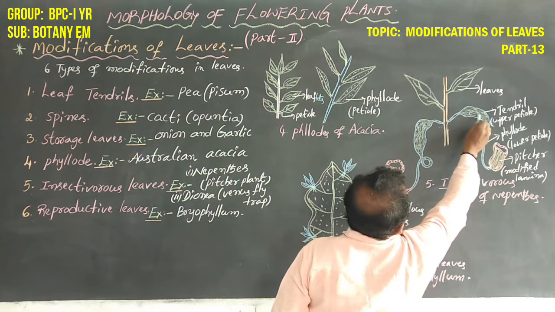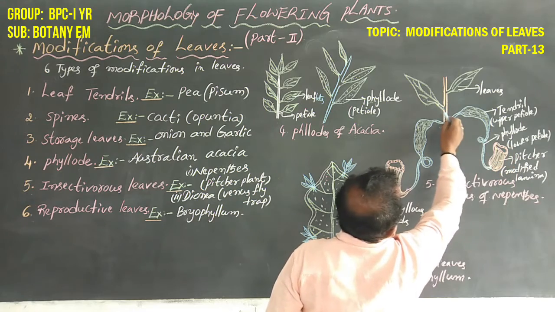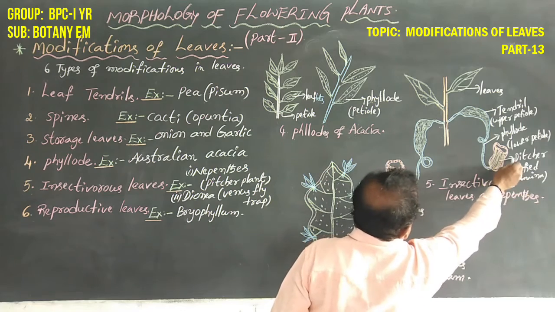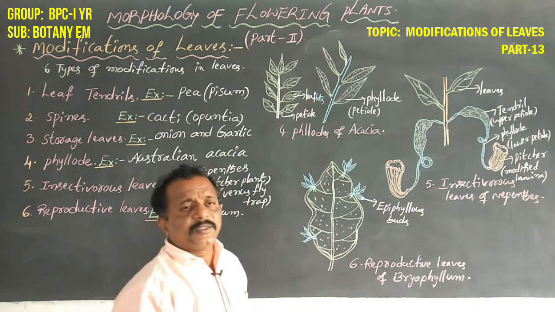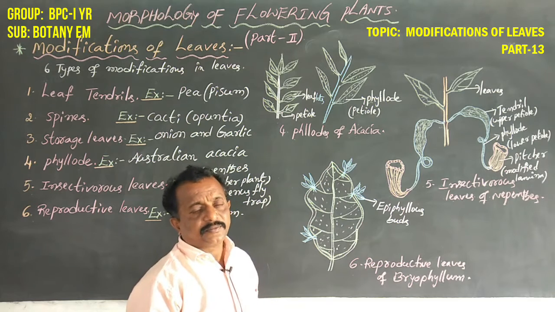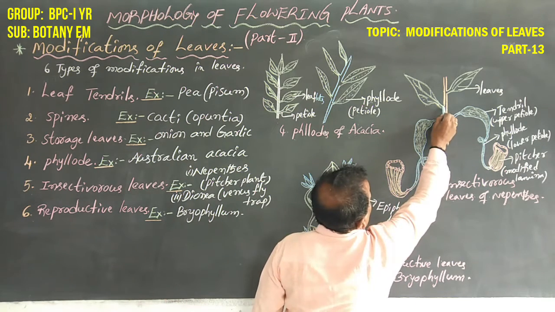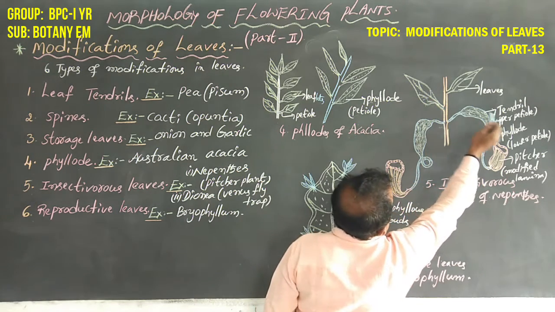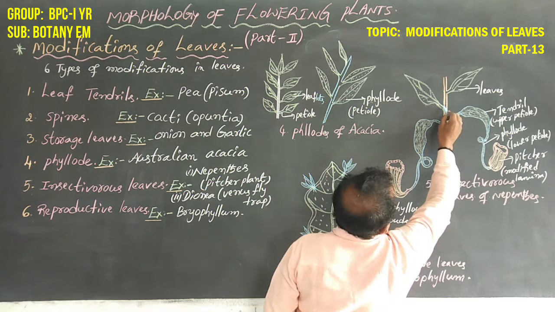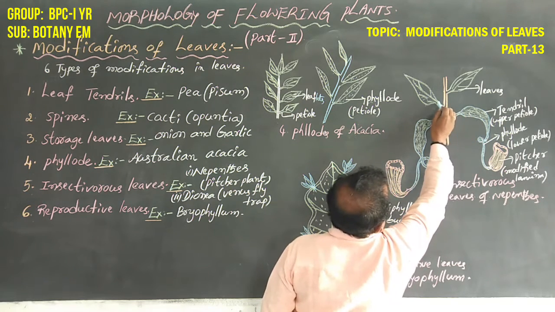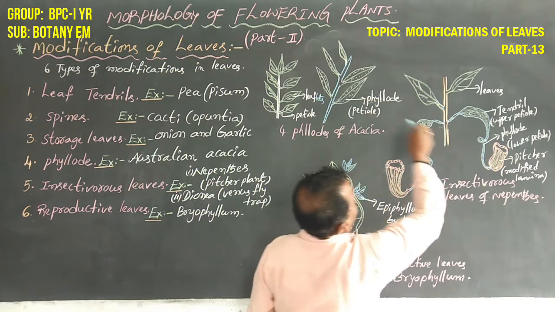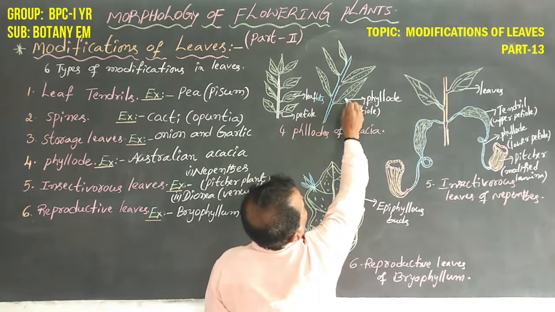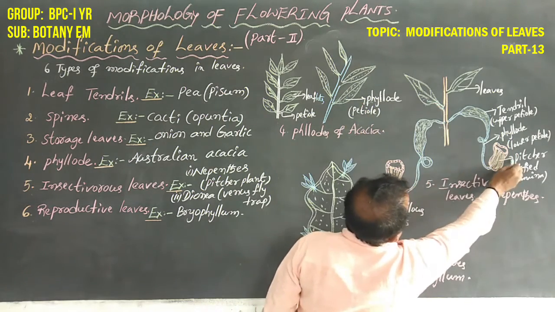The upper petiole is modified to a tendril, the lower petiole is modified to a pillow, that is a leaf tendril and pillow, and the lamina is modified to a pitcher.